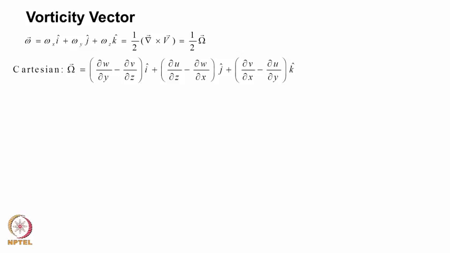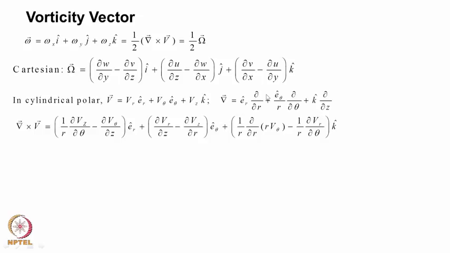In terms of detailed Cartesian components, rotation is given here as dou w by dou y minus dou v by dou z times i. This is the x component. Similarly, the y component is dou u by dou z minus dou w by dou x times j, plus the third component, dou v by dou x minus dou u by dou y times k. The expression for the cylindrical coordinate system is also given here.